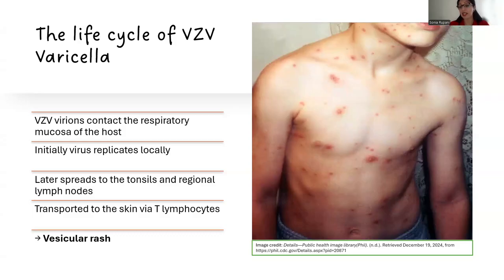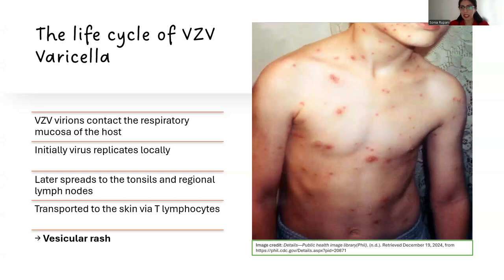And the typical characteristic of this rash is the vesicular rash, which is common across herpes simplex 1, 2, and the varicella zoster virus, because they all belong to the same genus, Alpha herpes viridae. So with the varicella, the chickenpox, the rash, which we said is vesicular, starts off as a papular rash, and then it starts changing into vesicular lesions. So it's like blisters, and it's at different stages.